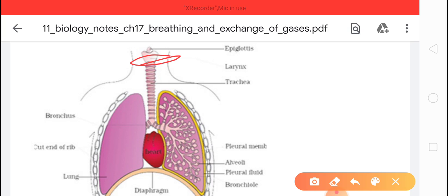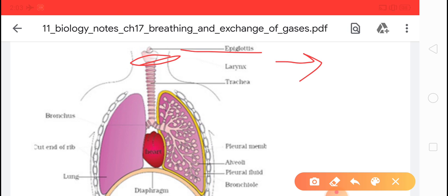A structure just above the larynx is the epiglottis. This structure prevents entry of food into the larynx, because the sound box is in the larynx.